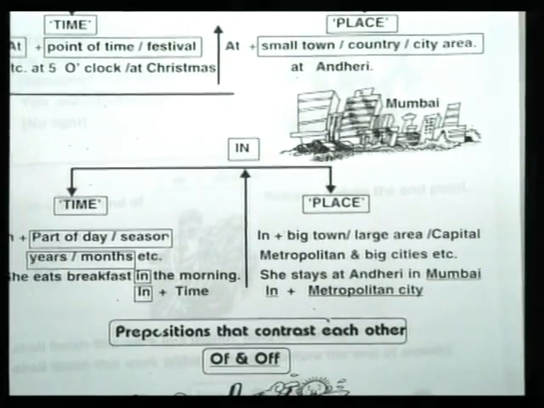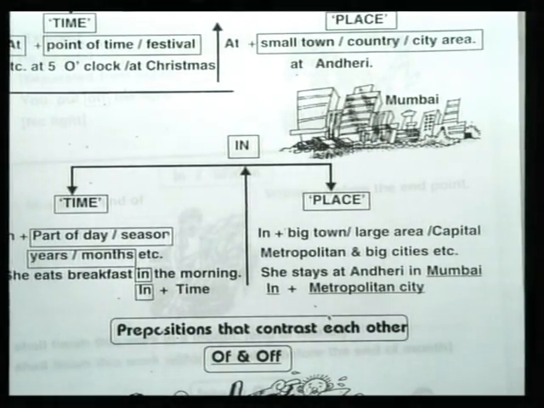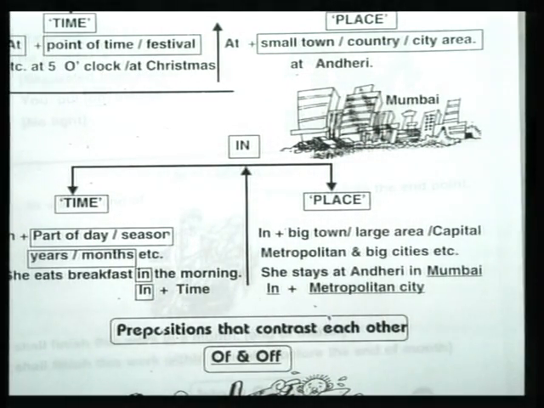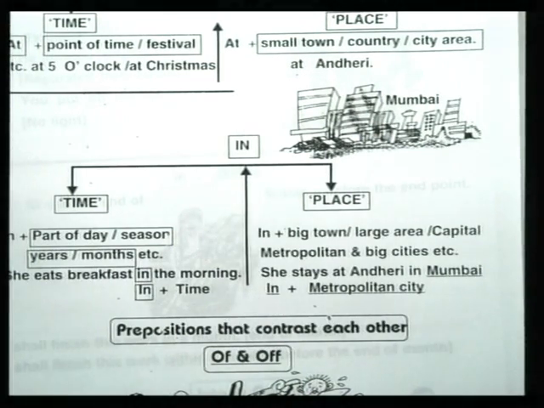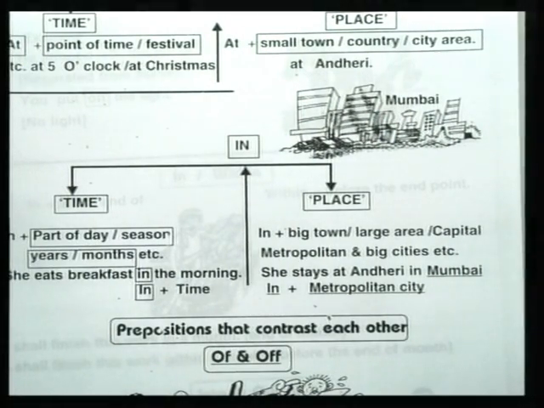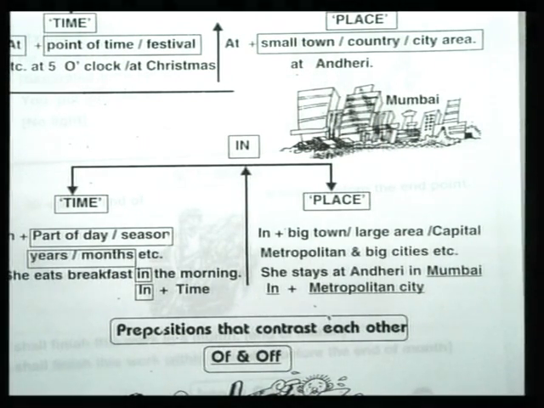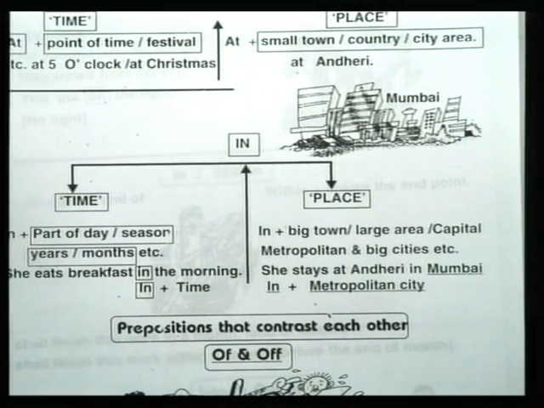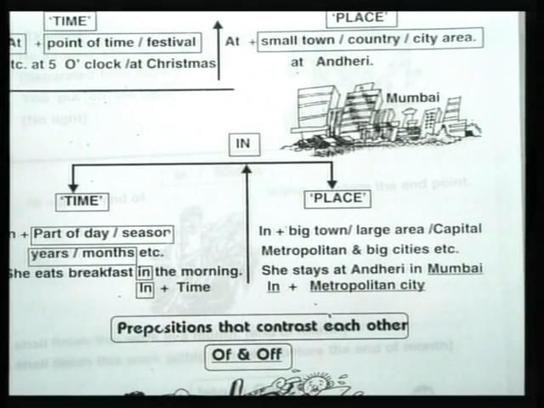Now, in also shows you the part of the day or season, or years or months. She eats breakfast in the morning. Remember, we always say in the morning, in the evening, in the afternoon, but at noon. It is compulsory. If you only use noon, you have to use at noon. I have lunch at noon.